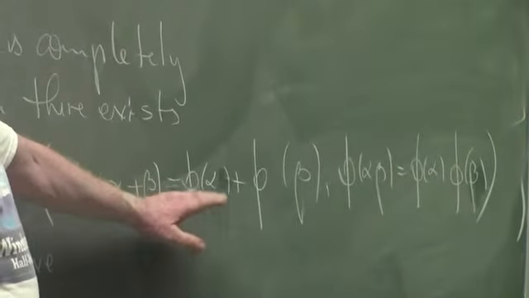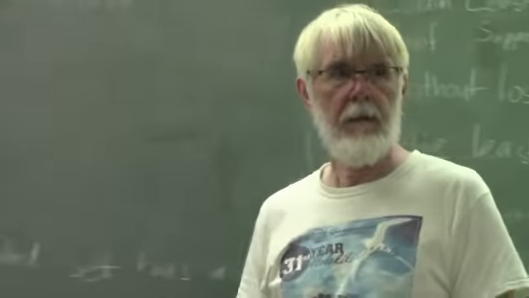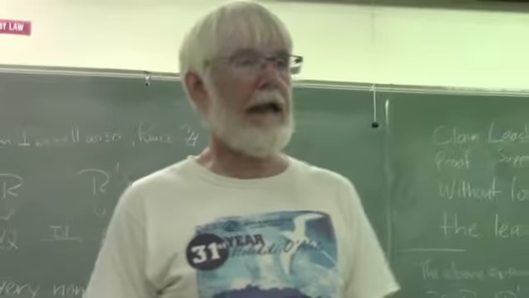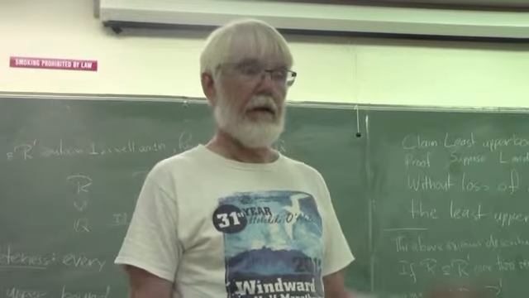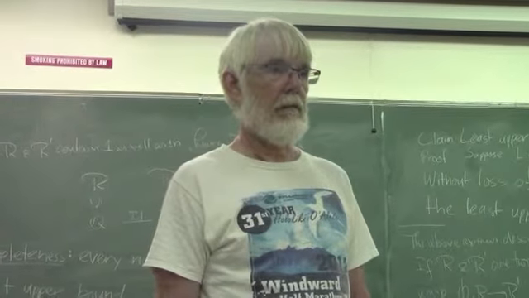Automatically, the map must be the identity on the rationals. Because if 1 maps to anything but 1, then when you multiply with it, the value changes. Okay.